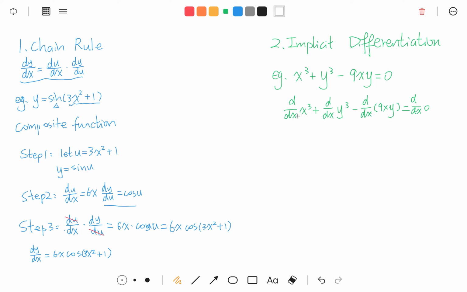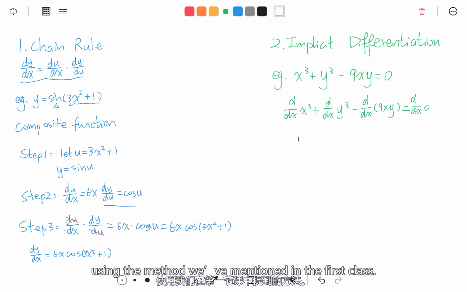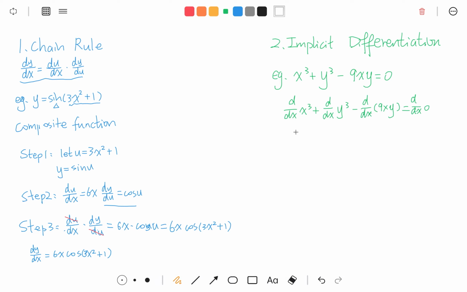On the left, the derivative of x to the third is 3x squared, using the method we've mentioned in the first class.